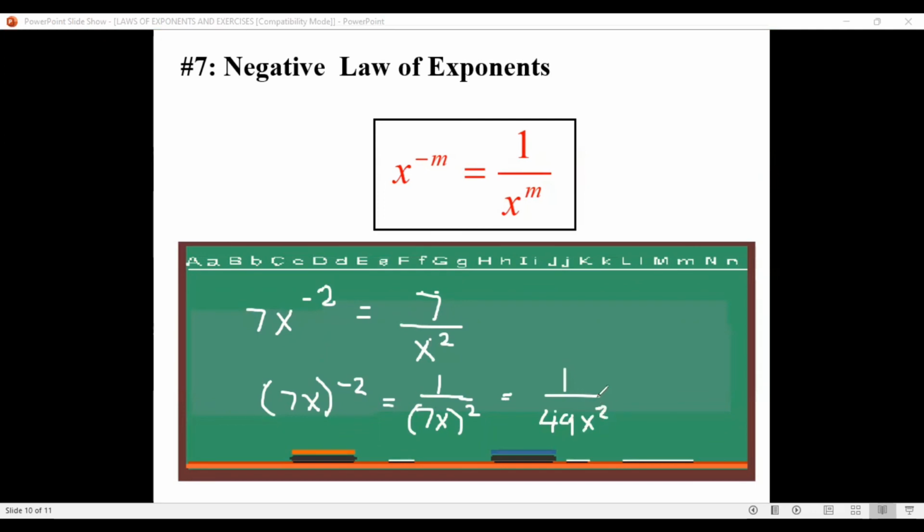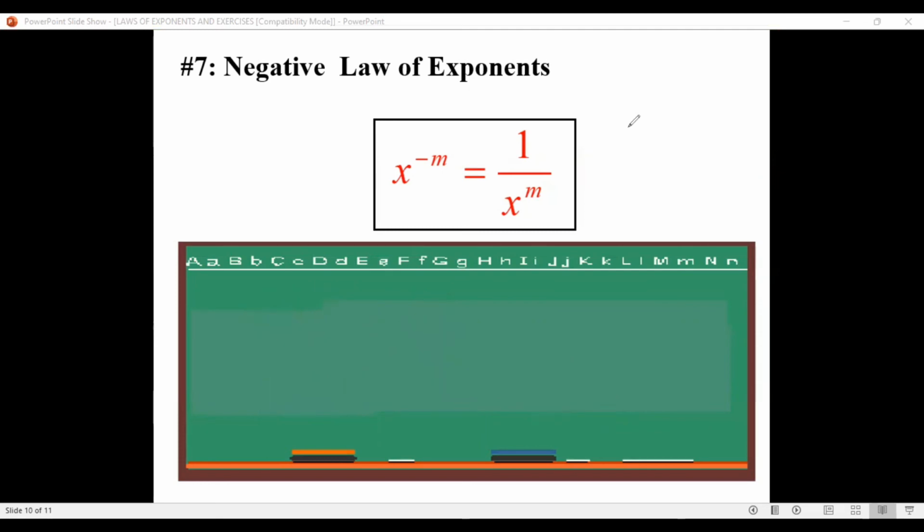So there is a difference when you put the grouping symbol here. That means that the 7 is included with the exponent of negative 2.